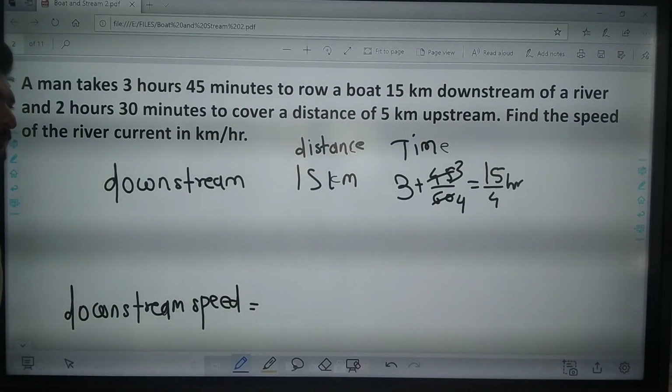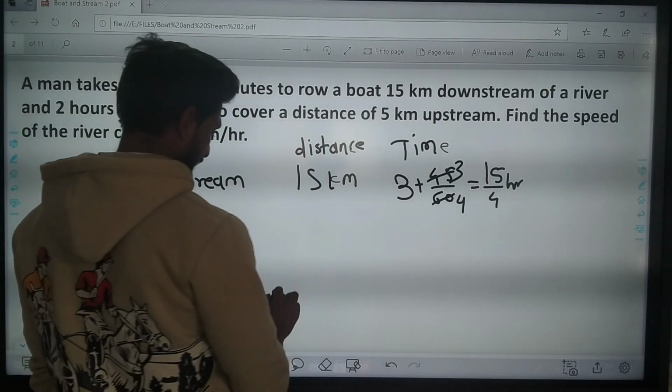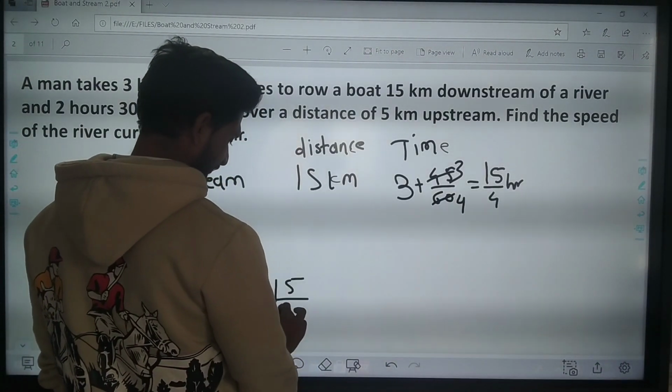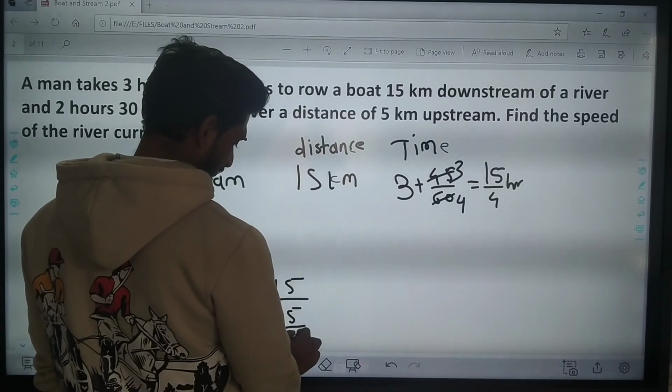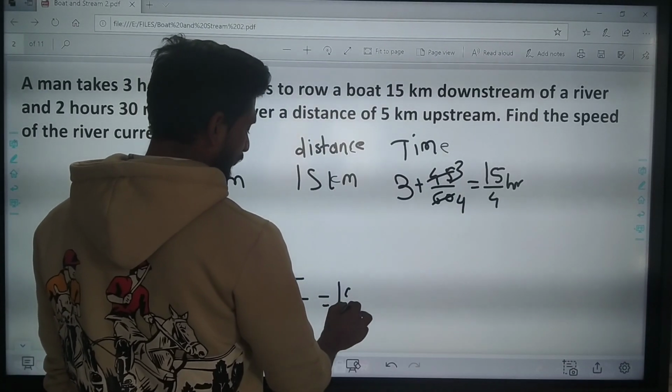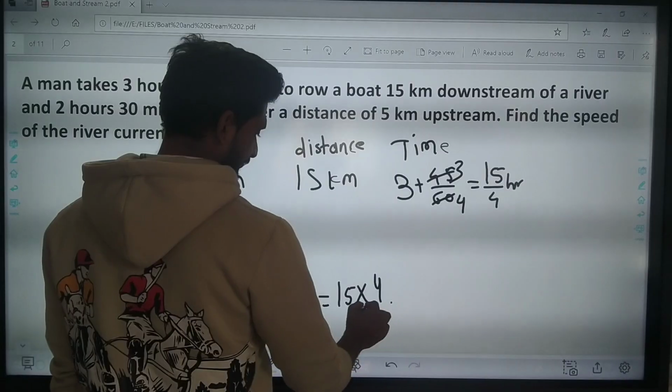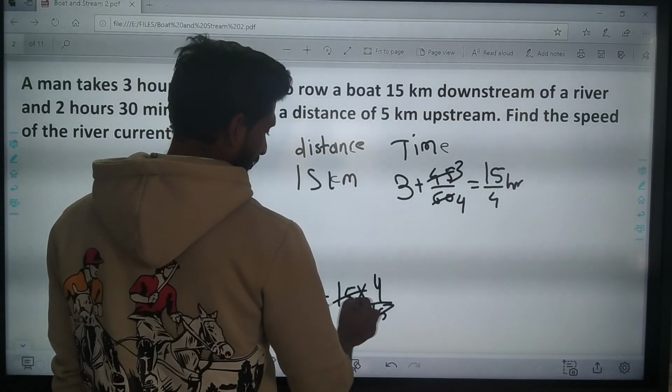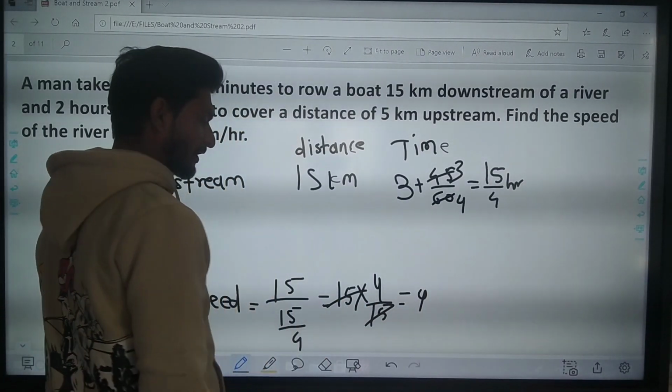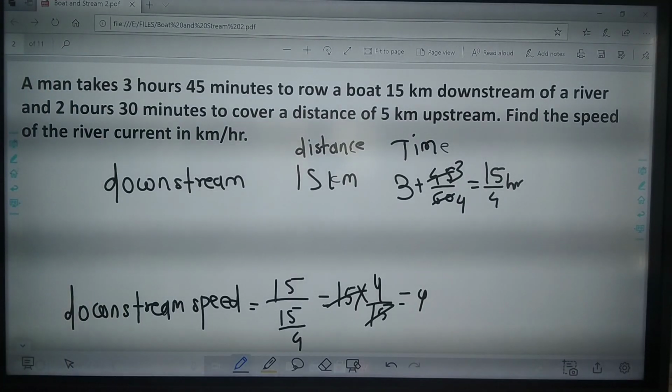Downstream speed is equal to 15 upon 15 by 4, that is 15 into 4 upon 15, that is 4. Then downstream speed is 4.